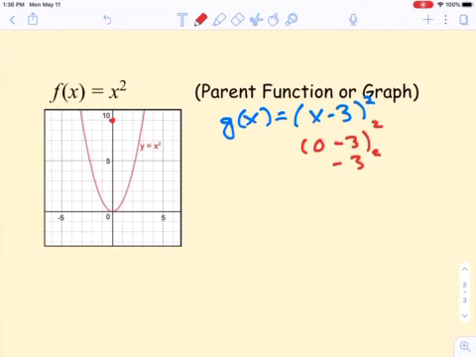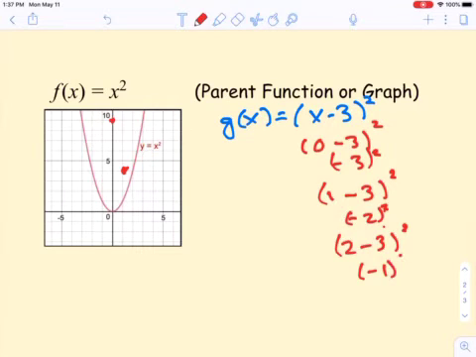If I put 1 in, I have 1 minus 3 squared, then I get negative 2 squared, which gives me 4. So I got a point here. Then if I put 2 in, 2 minus 3 squared gives me negative 1 squared, which is 1. So guess what happens if I put 3 in? Well, 3 minus 3 is 0.